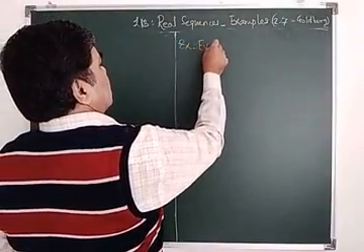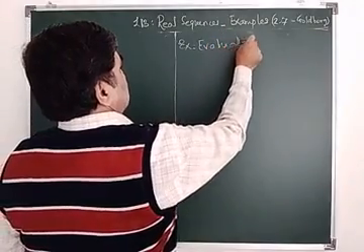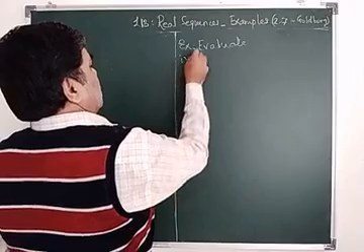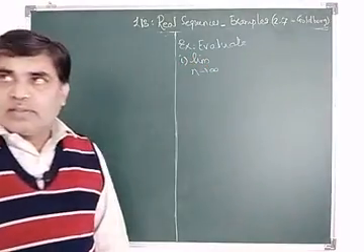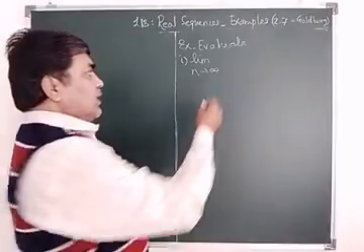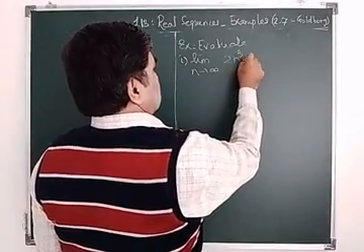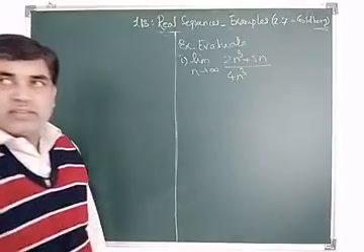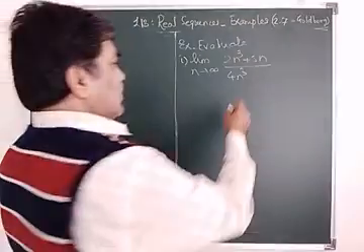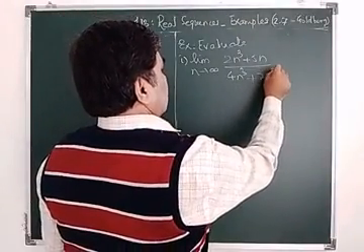So first example: limit n tends to infinity of 2n cube plus 5n upon 4n cube plus 7n square.